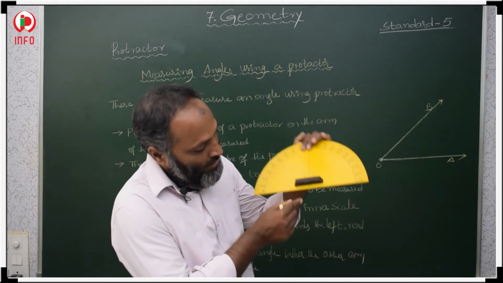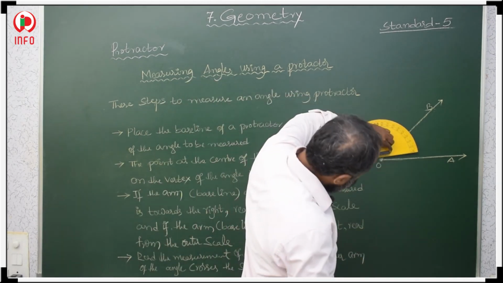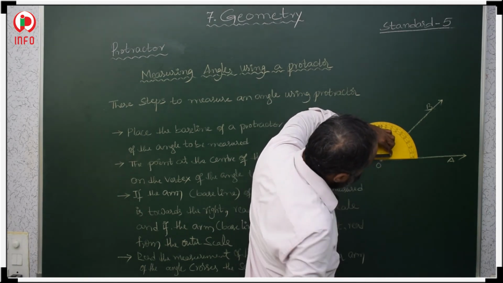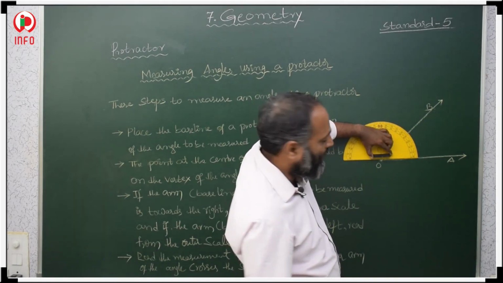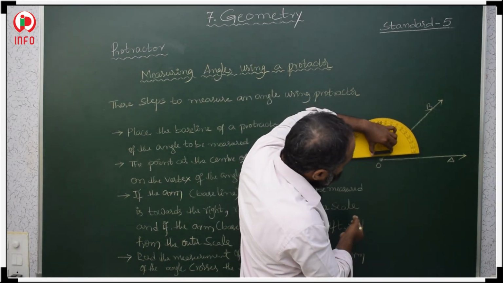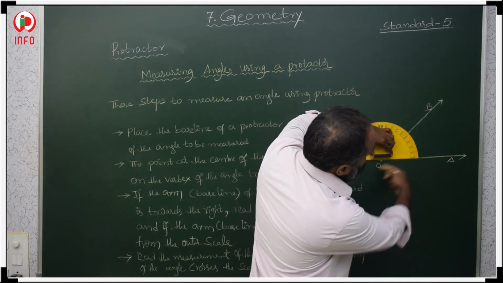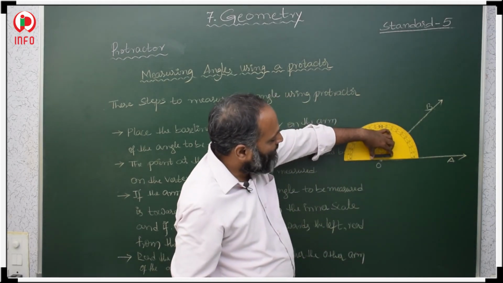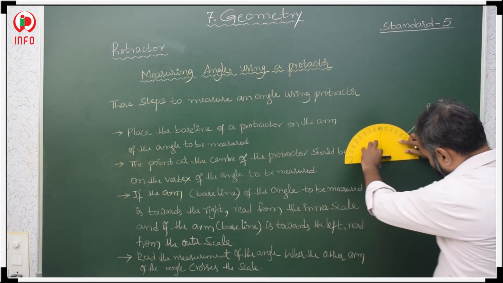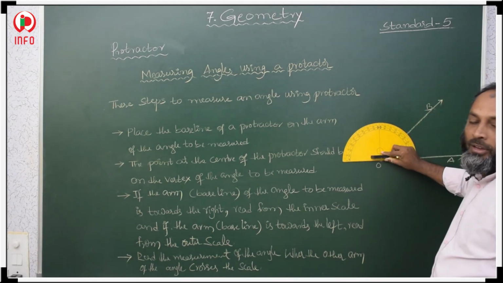The center of this protractor should coincide with this vertex, and the baseline should coincide with the arm. Like this we have to keep our protractor. Then after that, what we have to do?